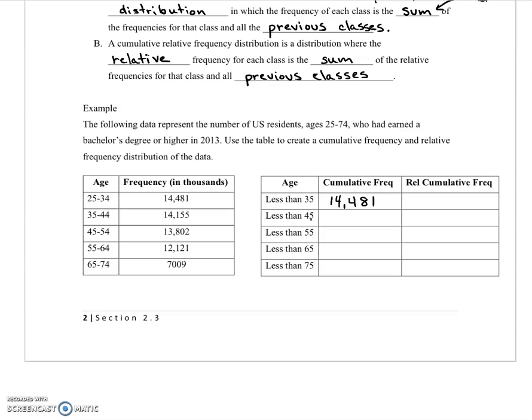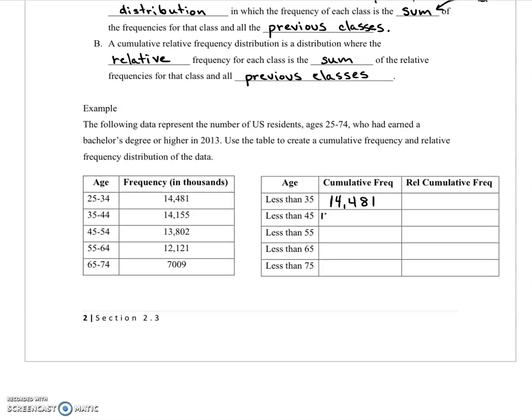For less than 45, we have to take the second class and add the previous class, which was the less than 35. So we take the 14,481 and add 14,155 to it.